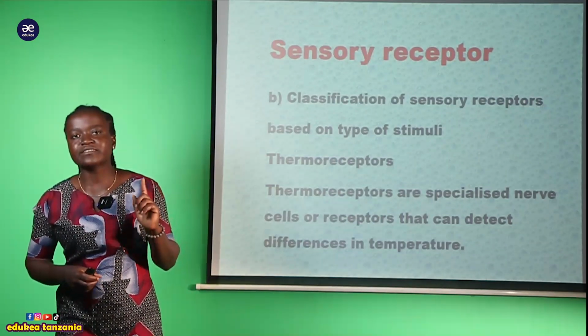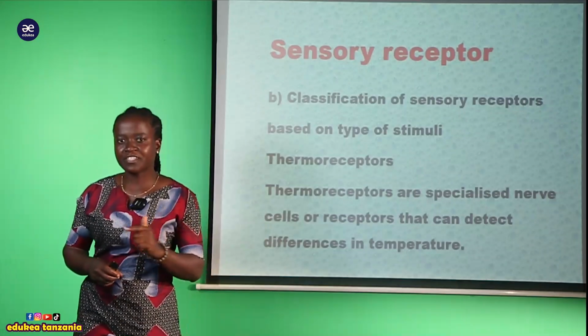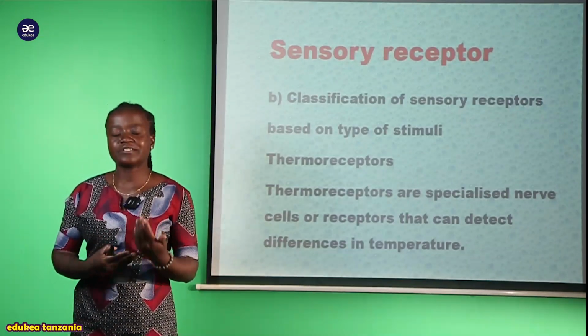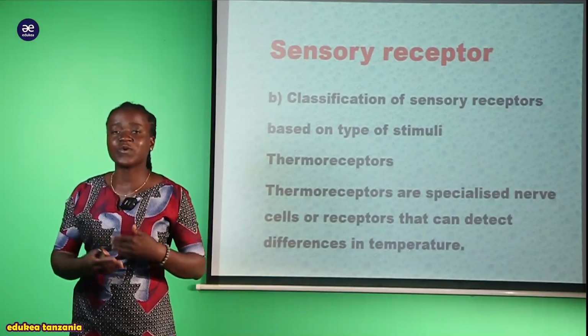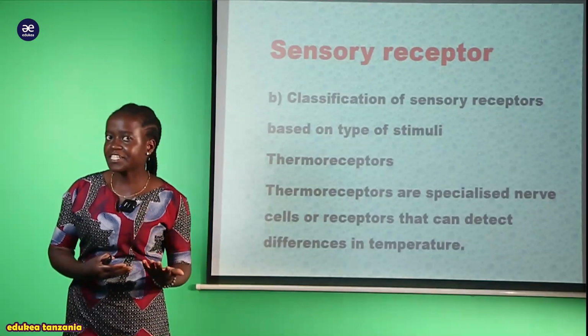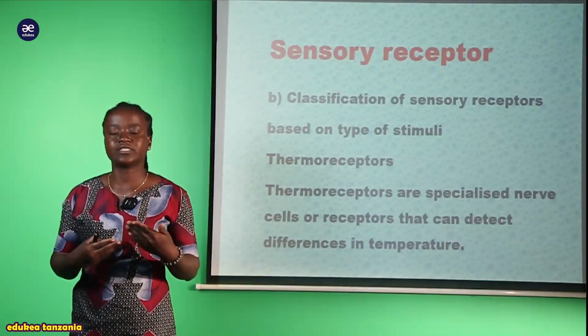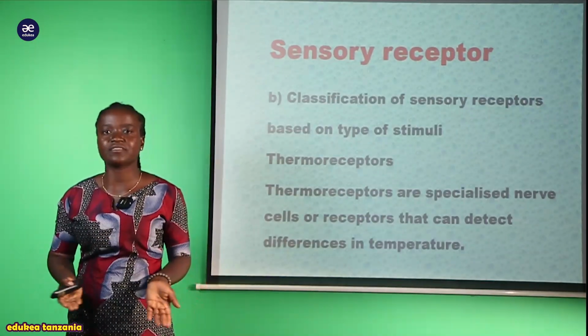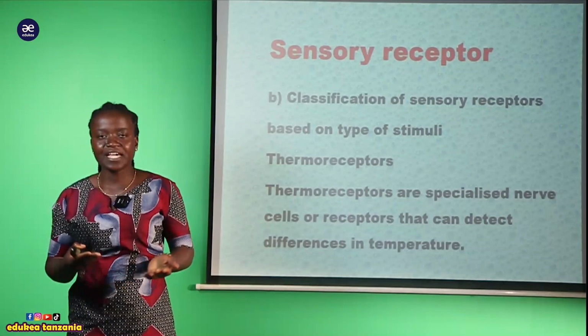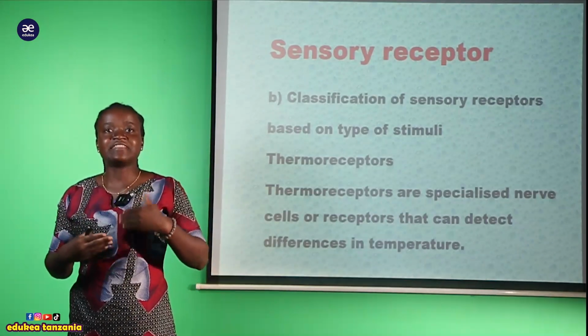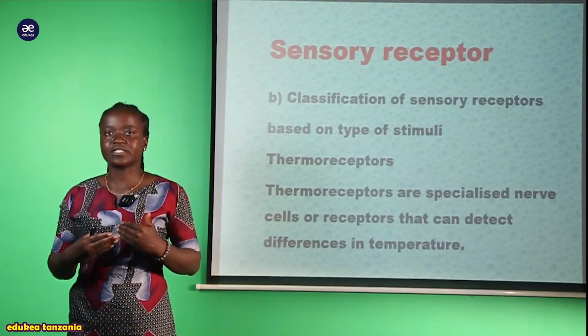So now we are saying that the thermoreceptor is a kind of receptor which is responsible for detecting any kind of temperature changes that are occurring within the environment. It can be either cold or hot temperature.